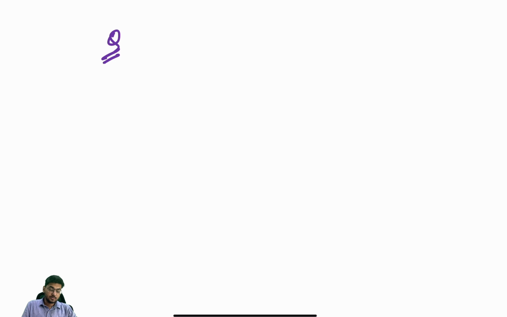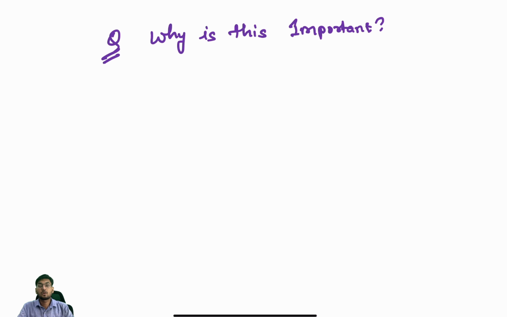Now the question is, why is this important? Why are you doing this particular topic? Clear? Now see, in the real world, analysts actually build stories about the company. Stories which can be backed by numbers, logic, or even good judgment.